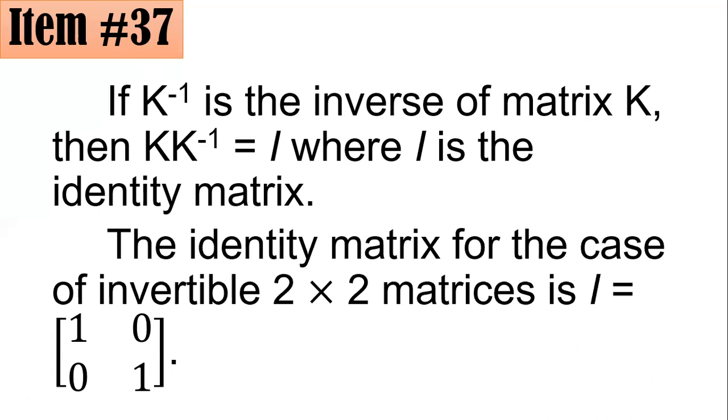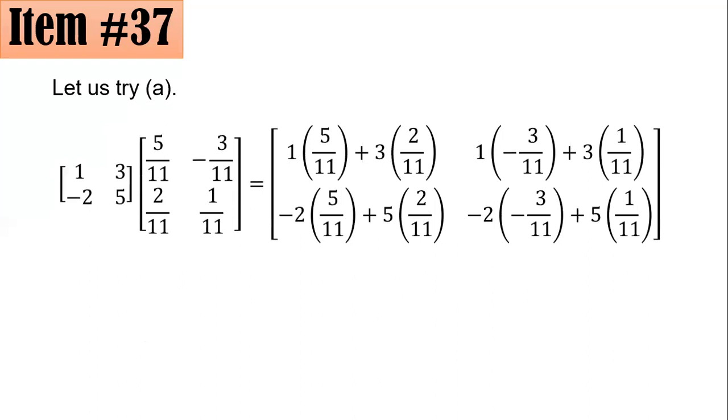All right? So from here, let's try option A. If we get the product of the matrix and its inverse, will it give us the identity matrix? Let's see. By multiplication of matrices, first row times first column, 1 times 5/11 plus 3 times 2/11, it's here.